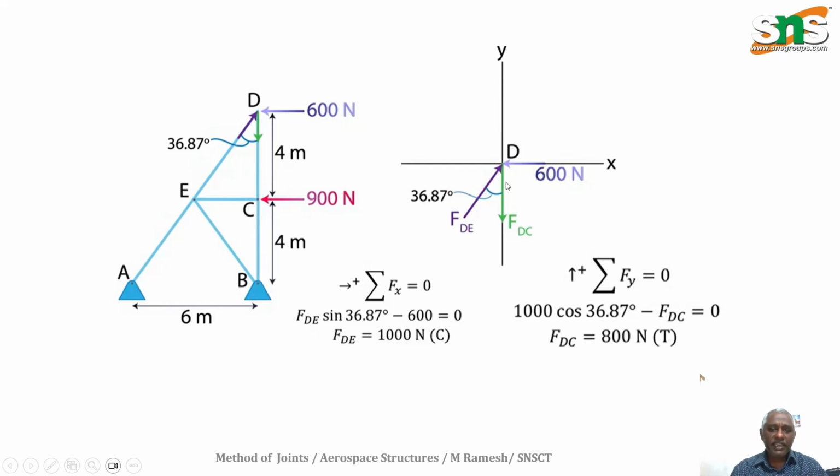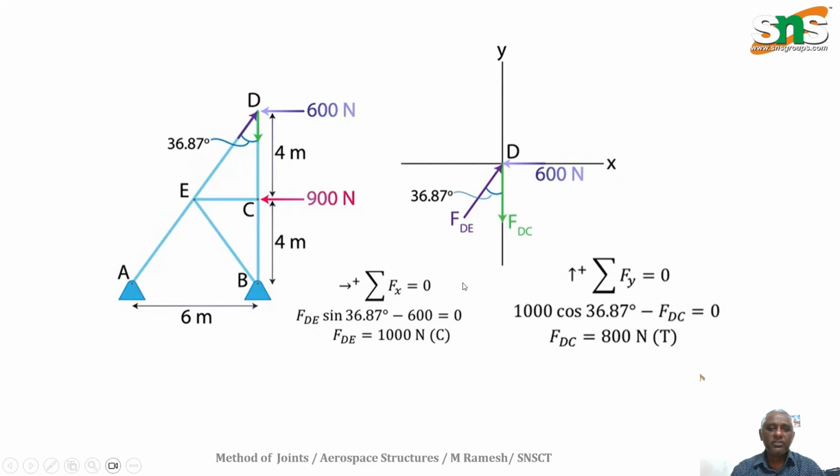I know the angle of inclination for this DE, because DC is purely vertical. So with respect to the vertical axis we know the angle, 36.87. If you move this side, this angle will also be 36.87. So here there are only two unknowns.